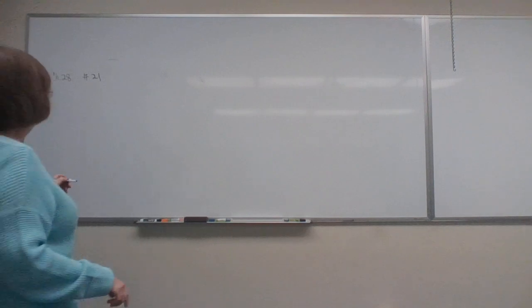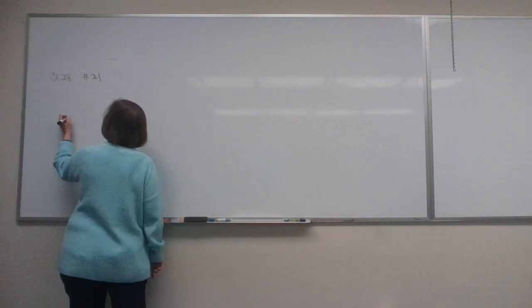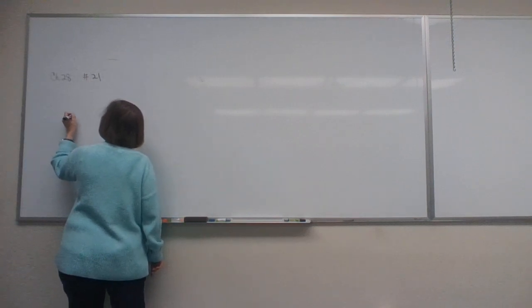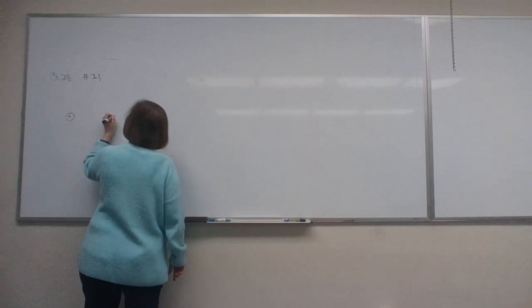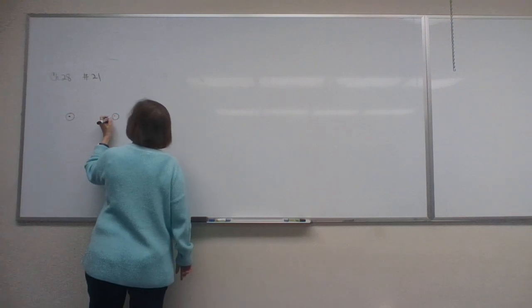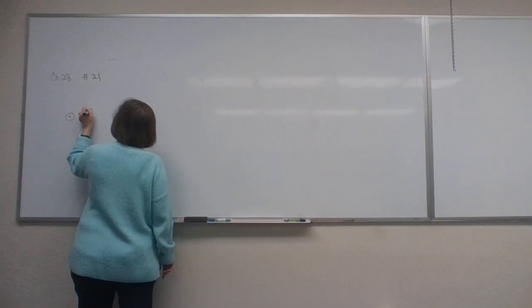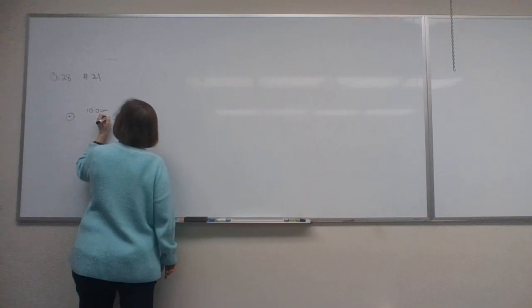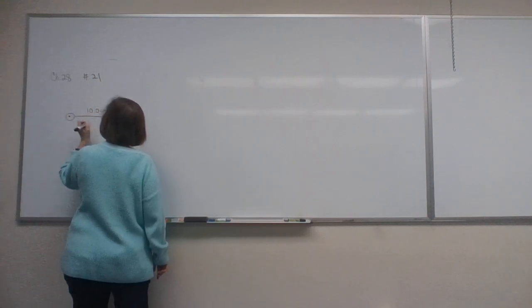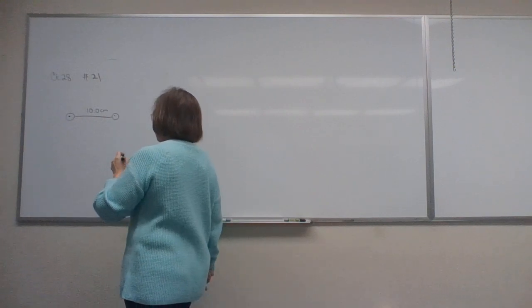So I'm going to draw the picture they drew. Two wires, they both are coming out of the board. They both carry 4 amps. They are 10 centimeters apart from here to here.